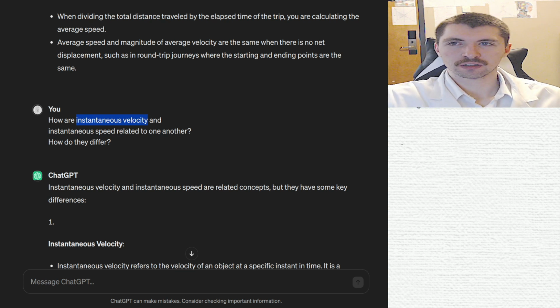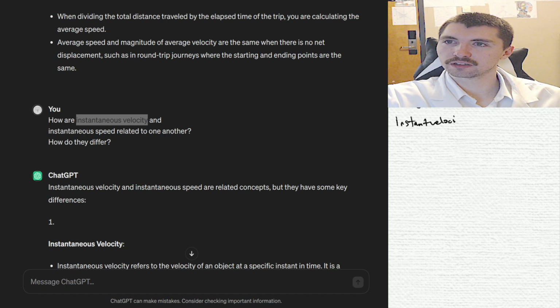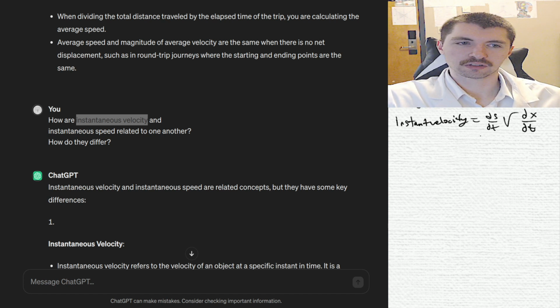So instantaneous velocity is ds dt, or dx dt for position.